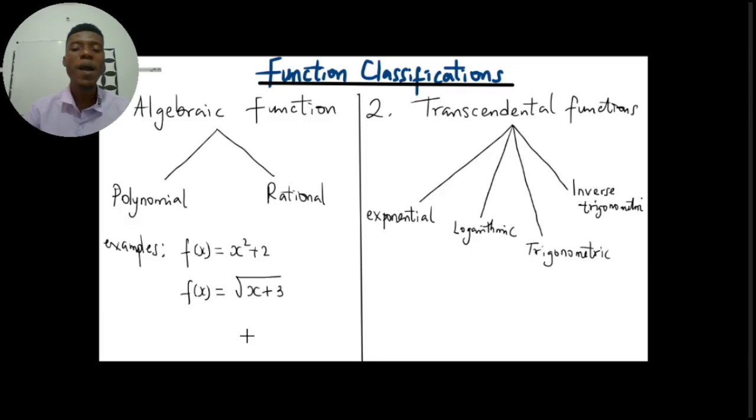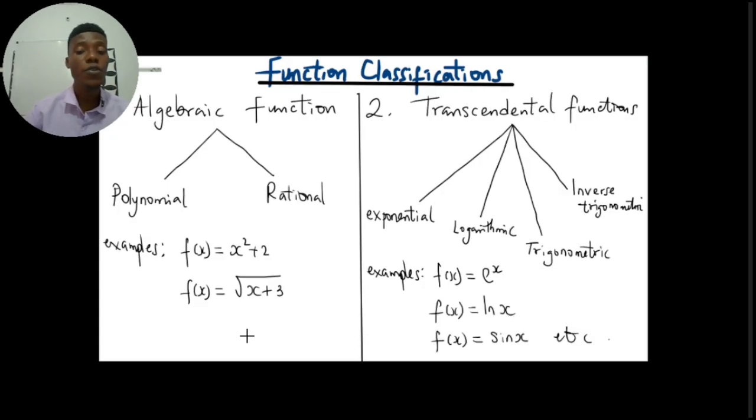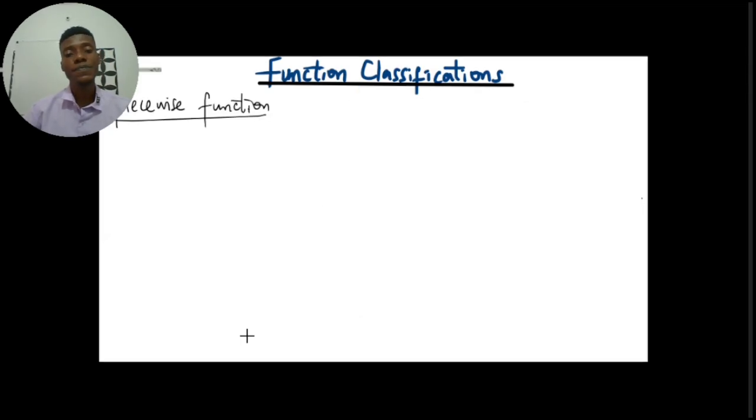Of course, you can combine the trig and the inverse trig as trig. What are the examples under this? If you have a function that is defined as f of x equals e raised to power x, of course, that is an exponential function. Other two examples, when f of x is expressed as ln x, it means the natural log of x, which is a logarithmic function. And when f of x is expressed as a trig, then you refer to it as a trig function.